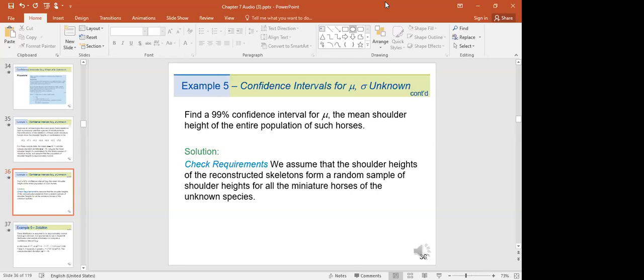And then you make sure you identify the list. I always encourage you to use L1 because L1 is the default. But if you had used L2, L3, or L4, you will change this list to the list that you used. Then the confidence level is 0.99. Do you see all that? Yes. Now you go to calculate.